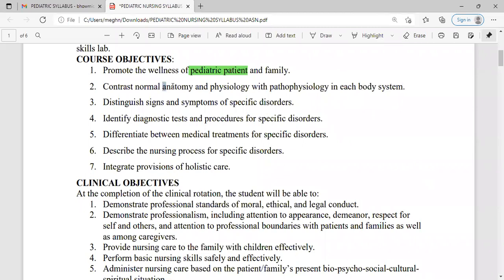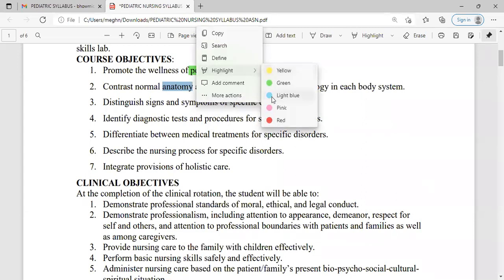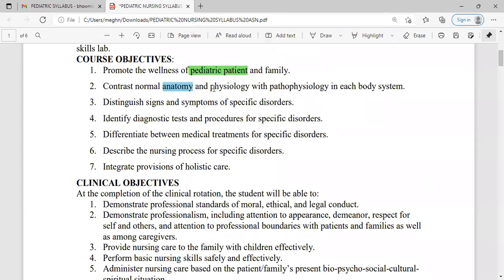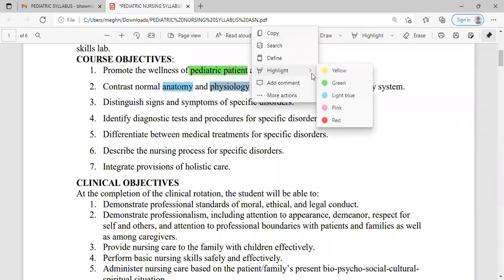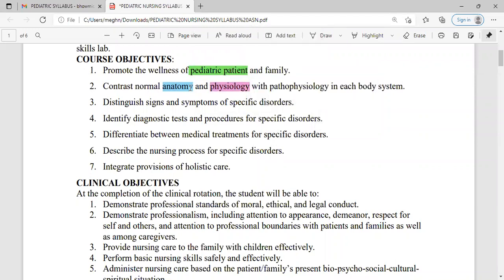Anatomy means the structure of our body. Physiology means how body cells work, the function of the body. Anatomy, structure; physiology, function.